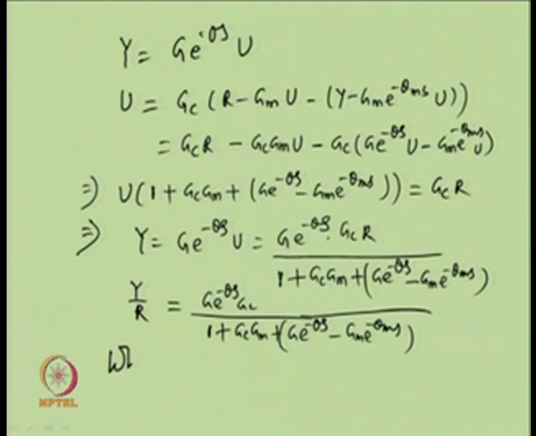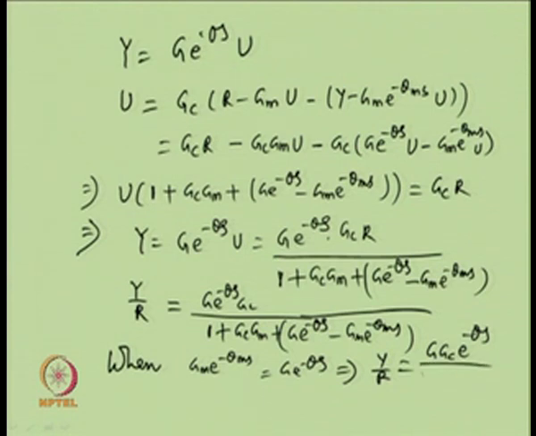Now, when the plant model accurately matches the dynamics of the actual plant, that means when G m e to the power minus theta m s equal to G e to the power minus theta s, y upon r becomes G G C e to the power minus theta s upon 1 plus G C G m. So, this is the beauty of the Smith predictor.